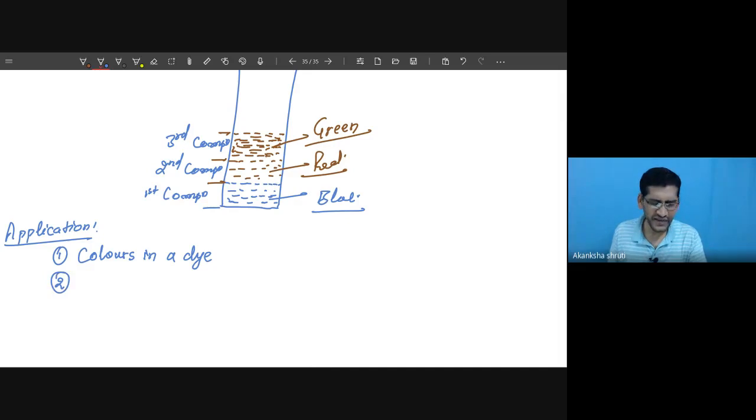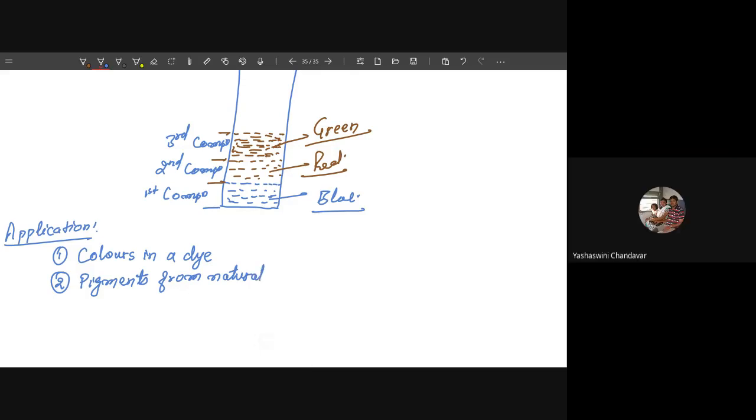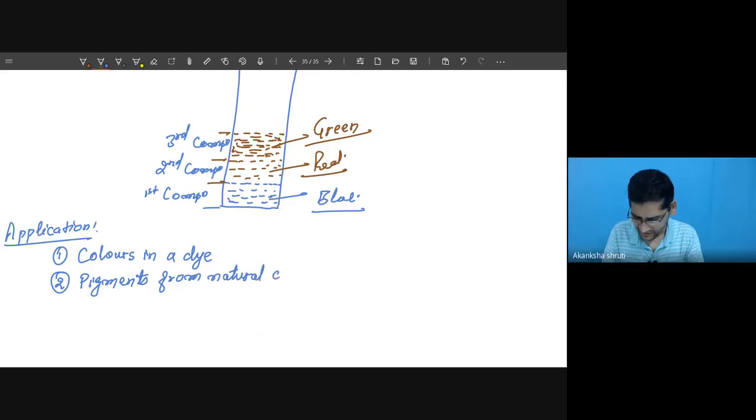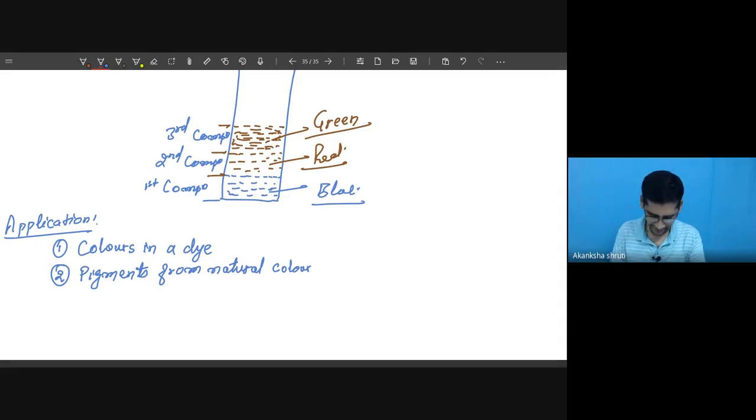The second one, the pigment from natural color, say from the green plant you have, or from the flower you have obtained the pigment, but that contains even different colors. So that can be separated. So, pigments from natural color. Drugs from blood. Very good. Even RBC, WBC can also be absorbed, but not much suitable.